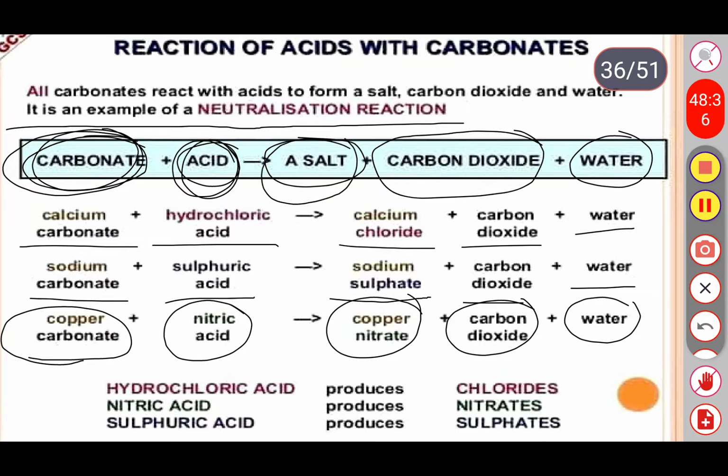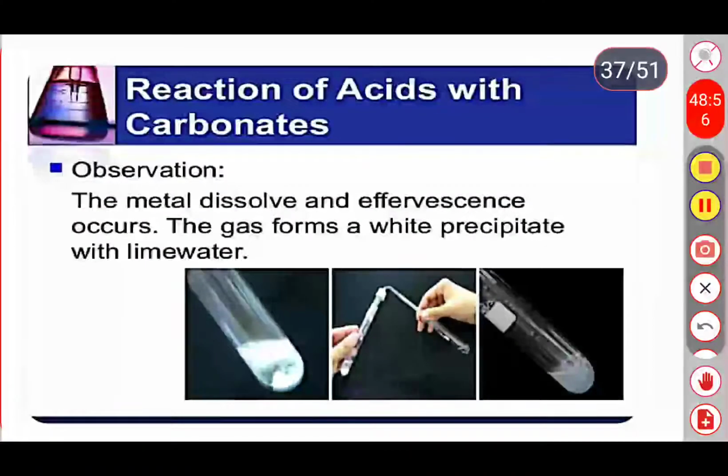Hydrochloric acid produces the chlorides, nitric acid produces the nitrates, sulfuric acid produces the sulfates. Next one, again this is also the same thing, that is reaction of acids with the carbonates. The metal dissolves and effervescence occurs.